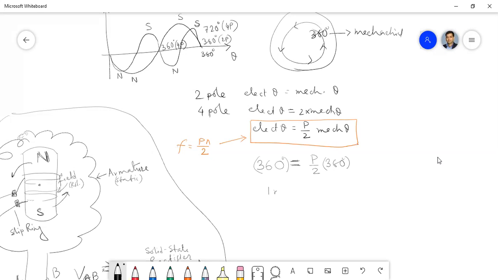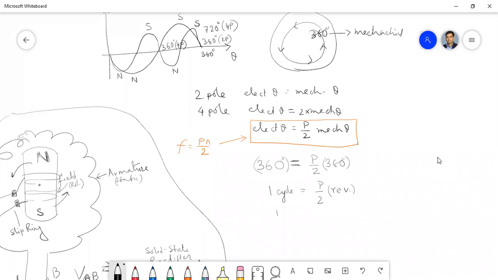But electrically we don't say revolution. What do we say? We say one cycle. One cycle is completed, but mechanically we can also say revolution.